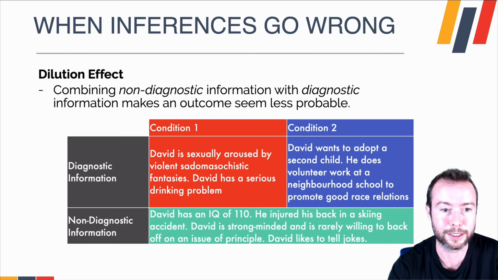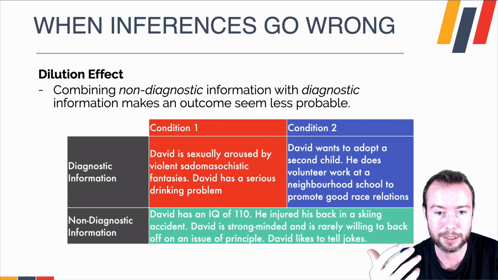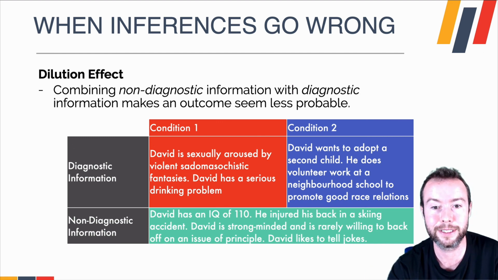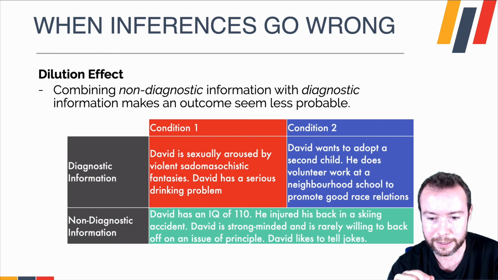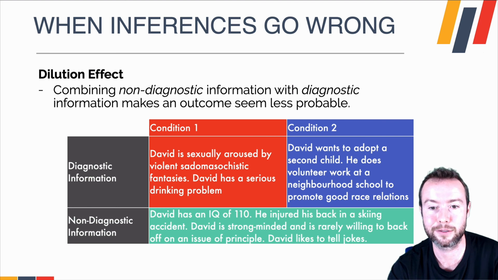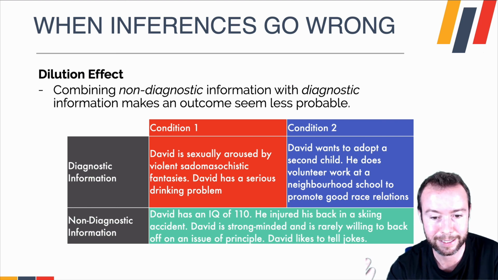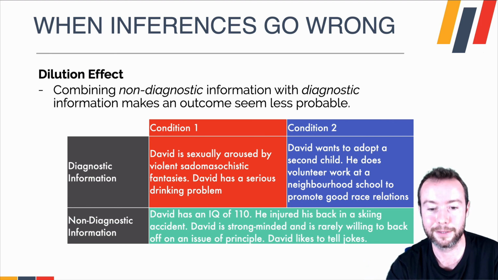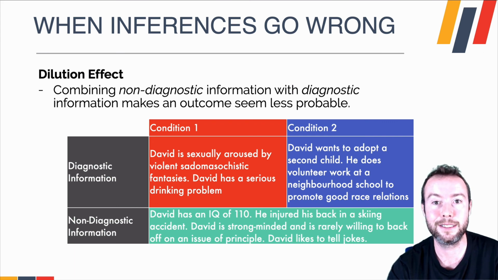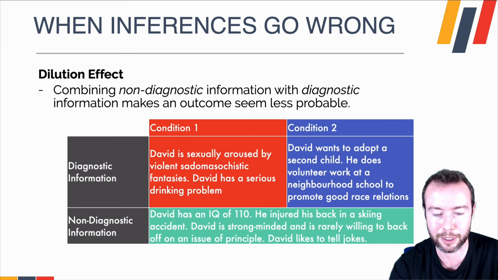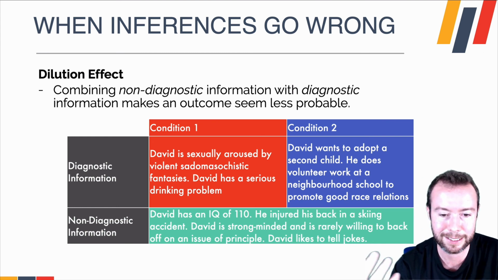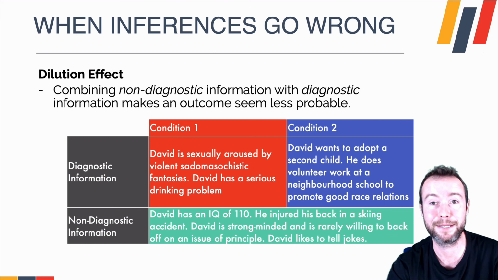In a second condition, participants were given diagnostic information stating that David wants to adopt a second child, and he does volunteer work at the neighbourhood school to promote good race relations. So in the first one, the information you're given might lead to a prediction that he's more likely to be a child abuser, whereas in the second condition, that diagnostic information is perhaps suggesting he's less likely to be a child abuser.